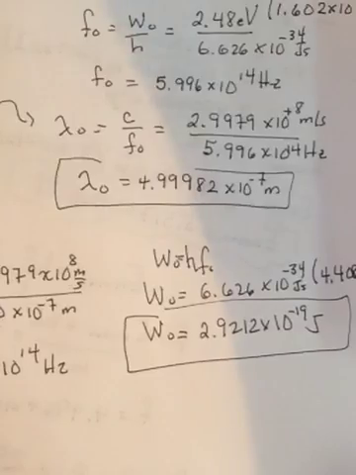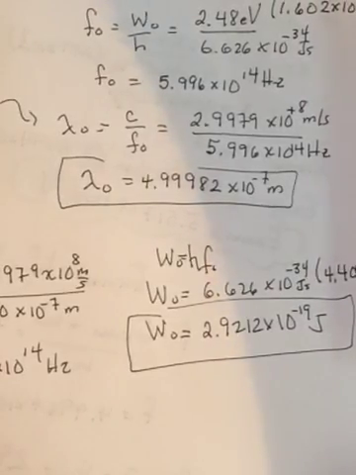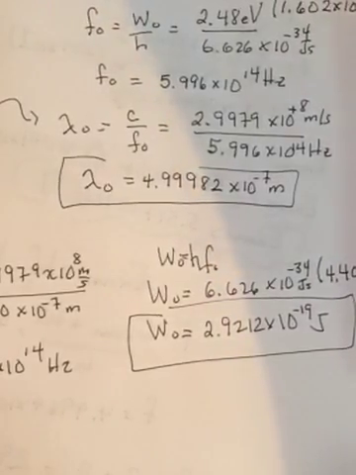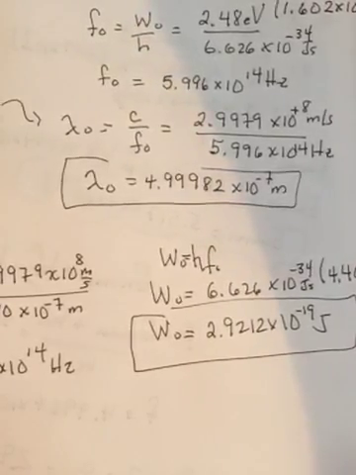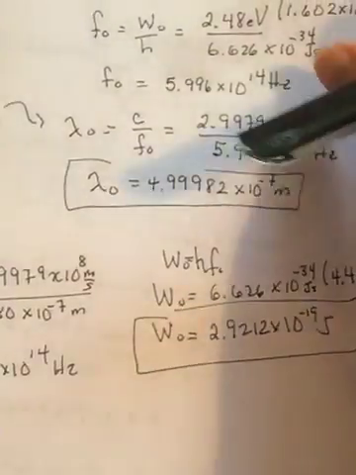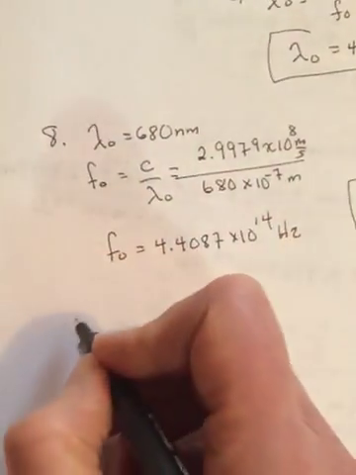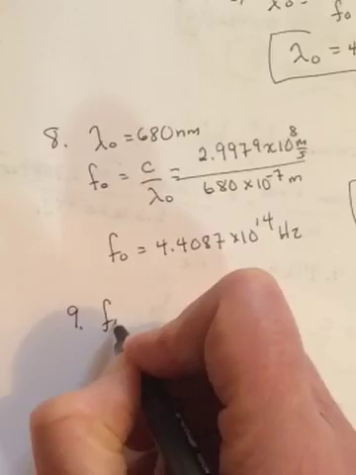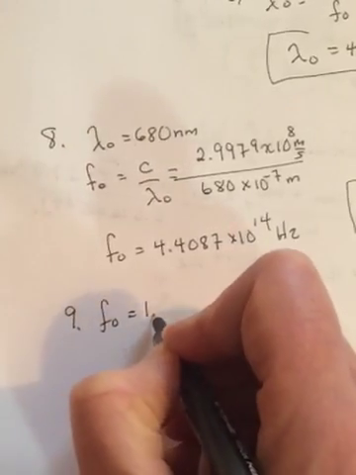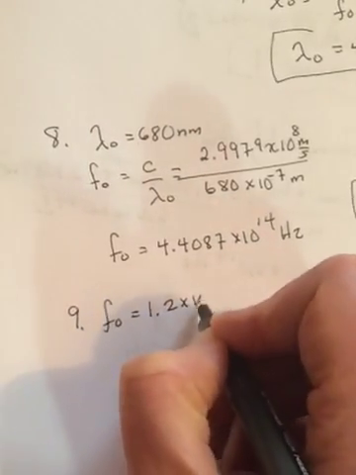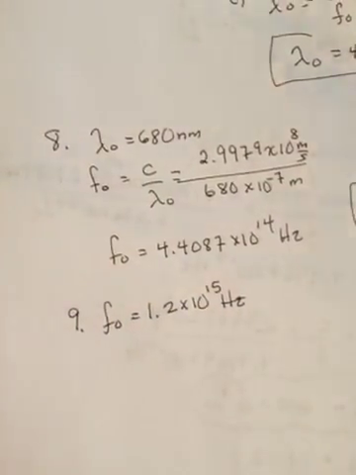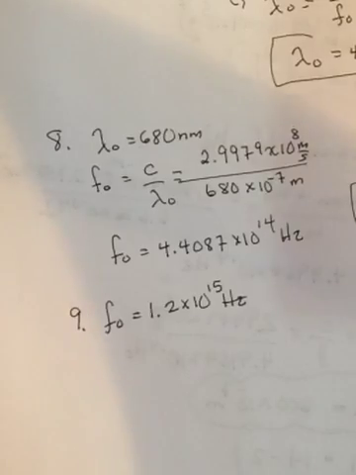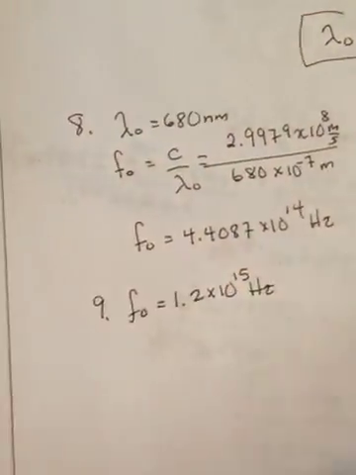All right, number 9. A threshold frequency of tin is 1.2 times 10 to the 15th hertz. So in number 9, f0 is 1.2 times 10 to the 15th hertz. Okay? What is the threshold wavelength? What is the work function?